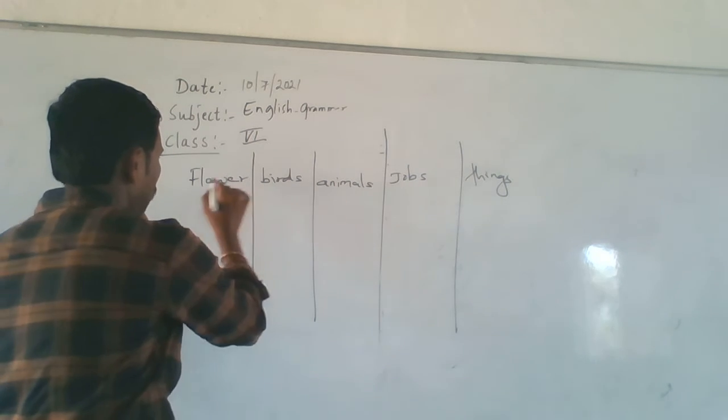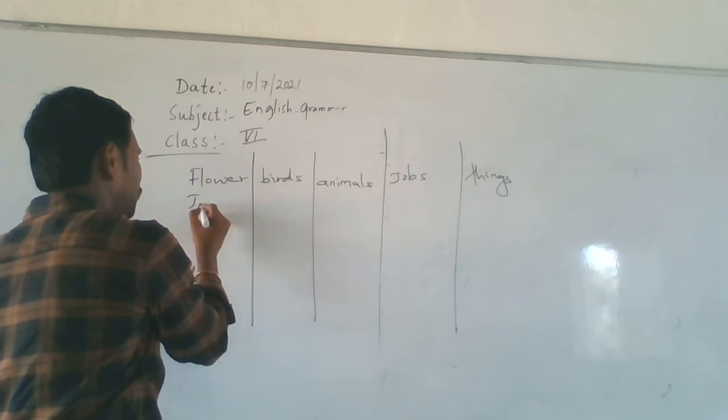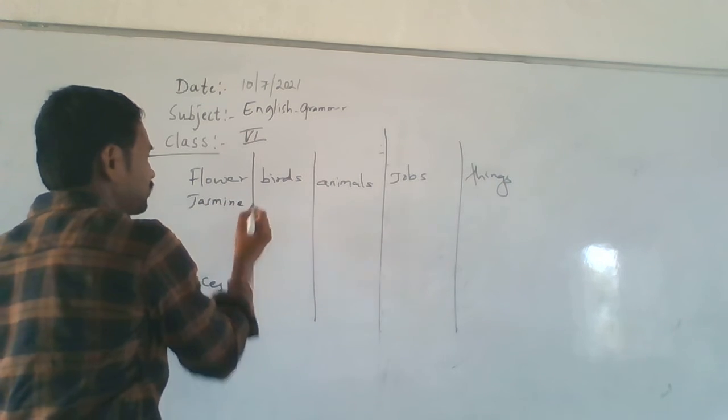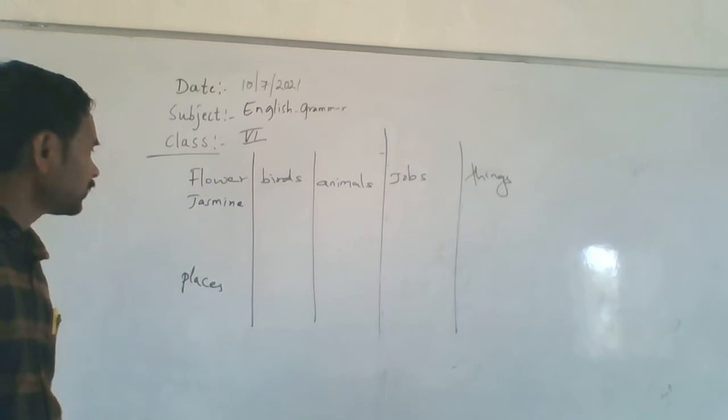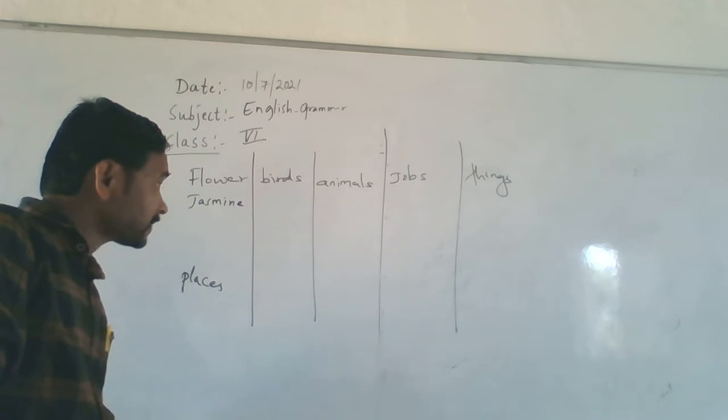For example, for a flower, you have to write jasmine. What is the spelling of jasmine? Jasmine.